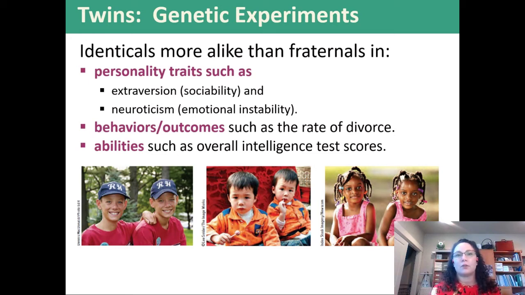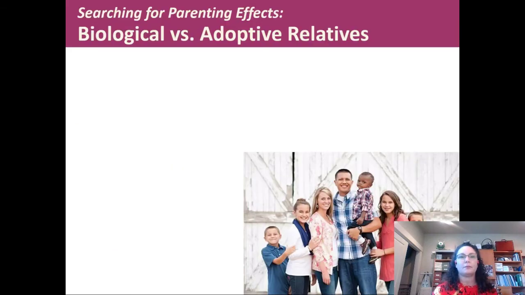That's how similar their scores were. So a lot of really big basic things matched more often in the identicals than they did in the fraternals. And it really underscores the idea that genes play a role in these factors.